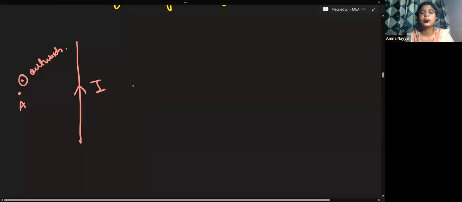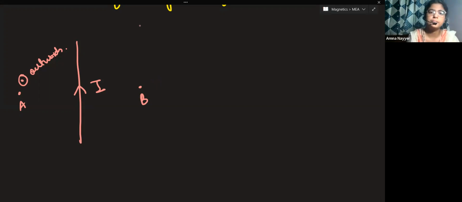Now do one thing. With the same method, tell me what is the direction at this point B with this method only. Then we'll discuss.